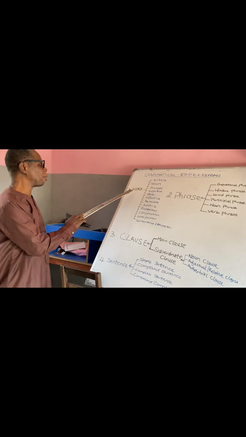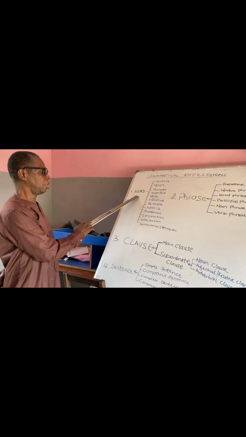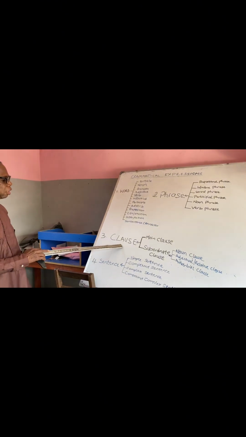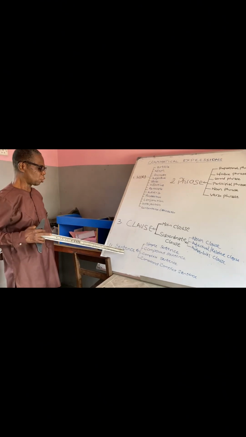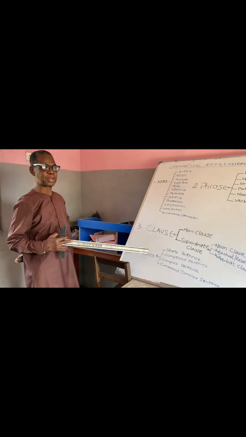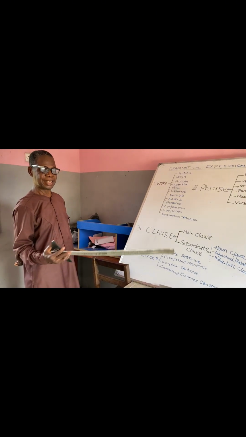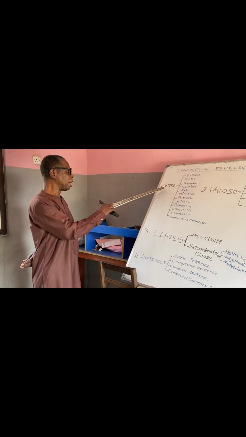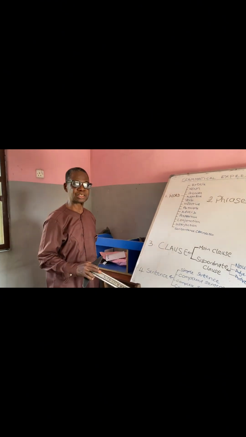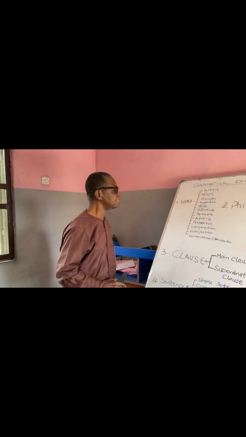It could be a word, a phrase, a clause, or a sentence. That is to say, the expression that is given could be a word. And if it is a single word, then the next task is, what type of word is it?